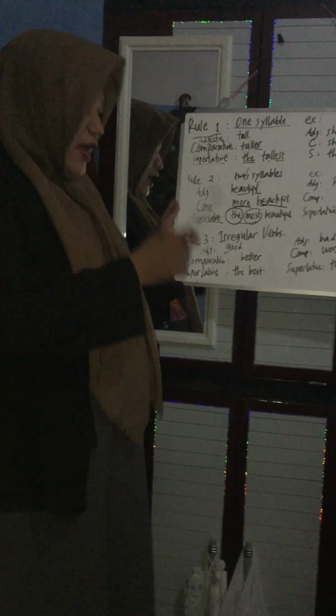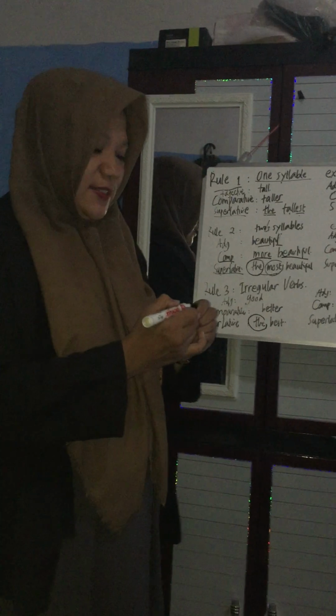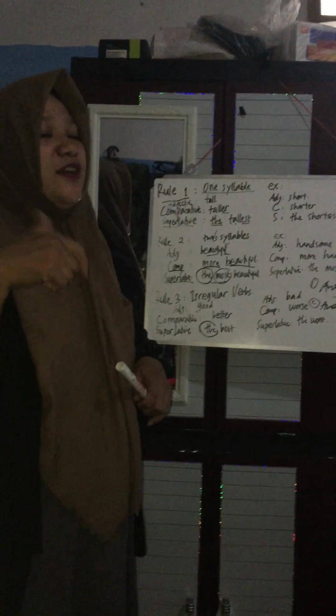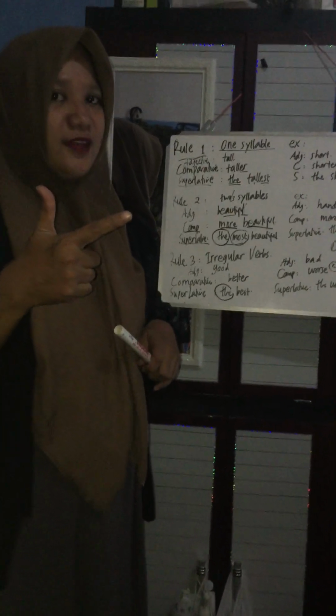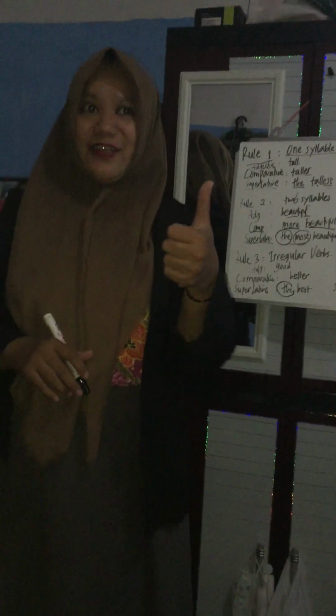Okay, good. What about you, Sheila? Can you read the superlative form? Don't forget, you add the word the. The best. Can you repeat? The best. So for the adjective good, what is the comparative? Better. What is the superlative? The best. For example, Sheila is good.